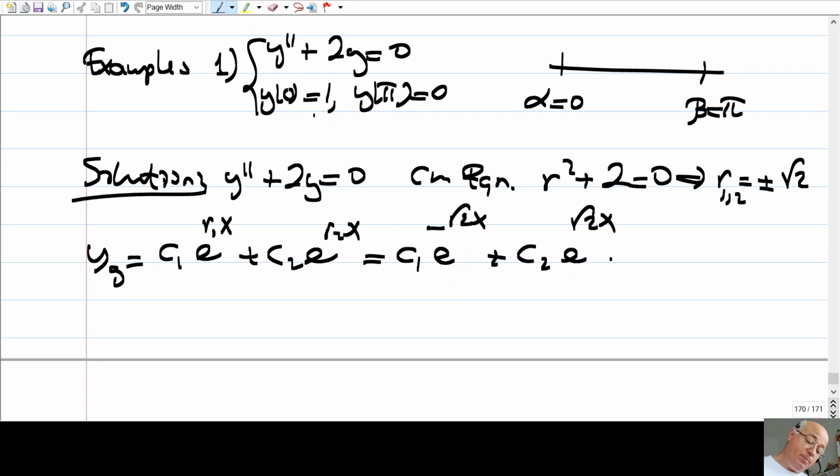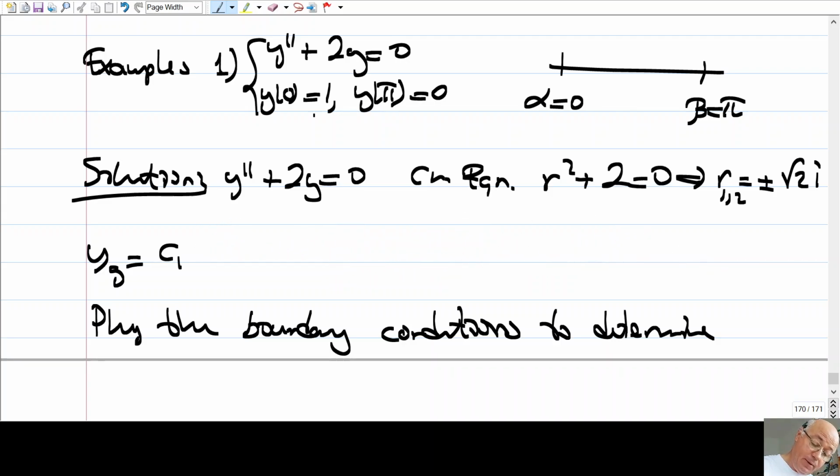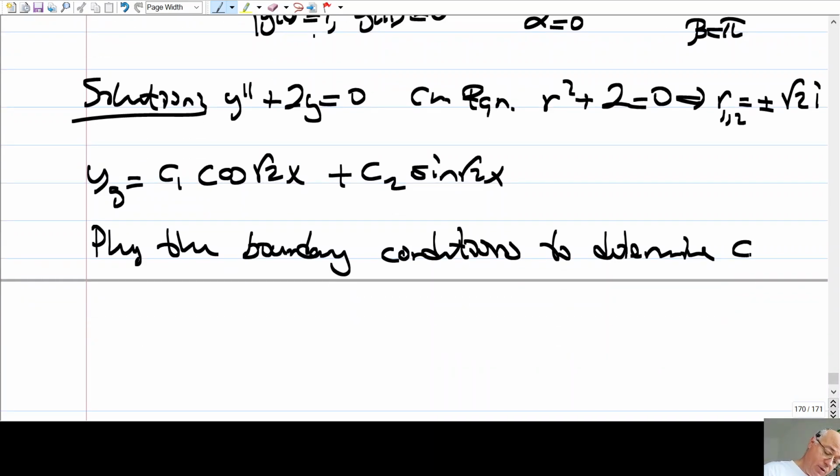Well, we just plug in these boundary conditions and try to determine c1 and c2.